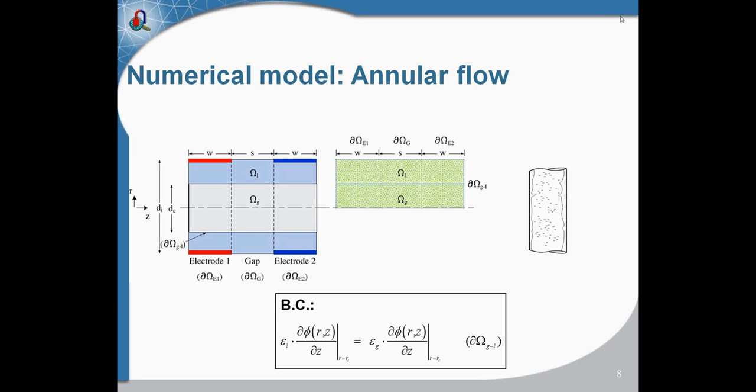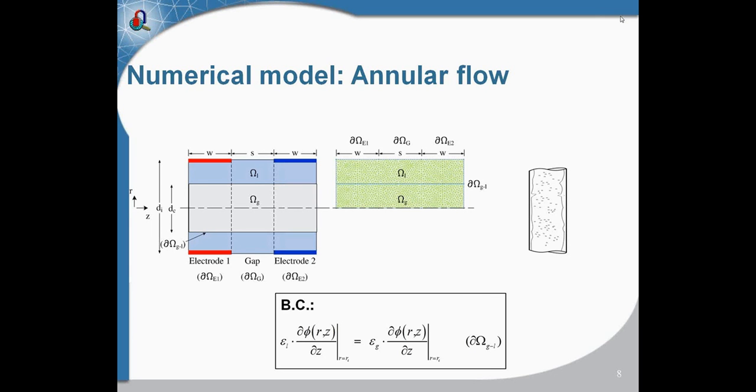All the outer boundary conditions are similar to the optimization case, and the inner boundary condition between the 2 blocks is defined in such a way that the derivatives of the potential are equal, as you can see in the box at the bottom of this slide.